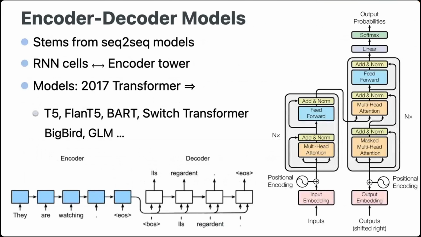Next, we move on to encoder-decoder models. This stream of models really stems from the sequence-to-sequence models, right? We have the encoder, where we feed the tokens in, traditionally with RNNs or GRUs.